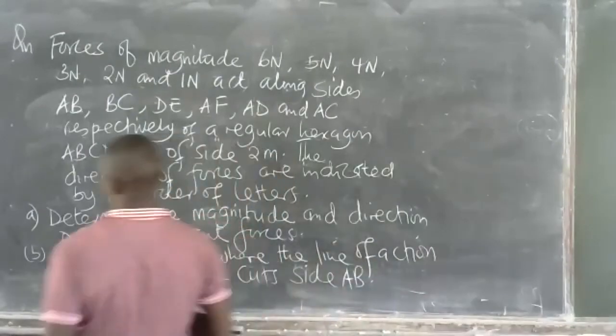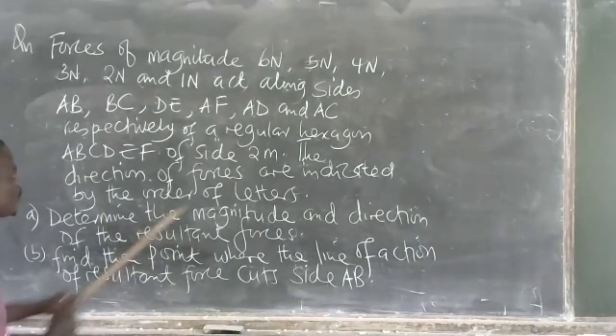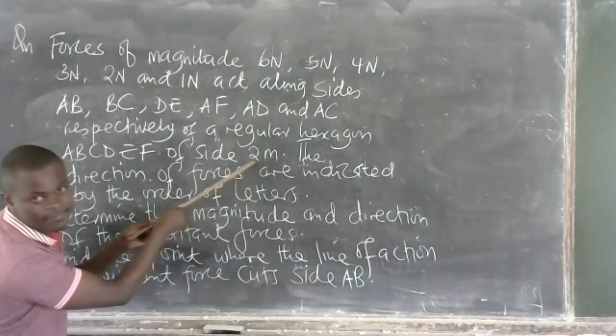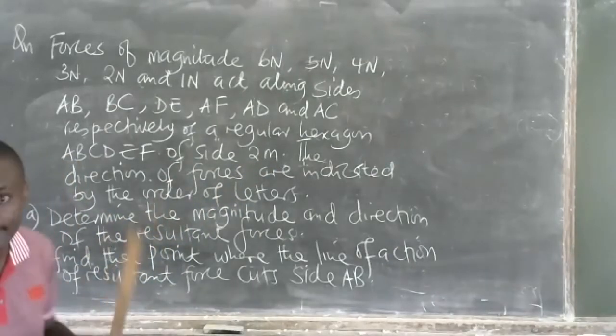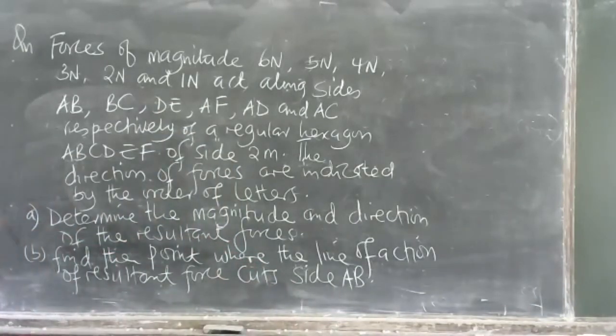So this is the hexagon, and you know a hexagon is six-sided. We call it regular because one side is equal to 2 meters. We have 2 meters here. It's a regular hexagon. So we draw the diagram.